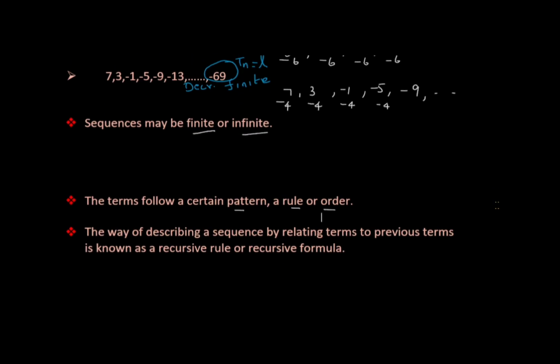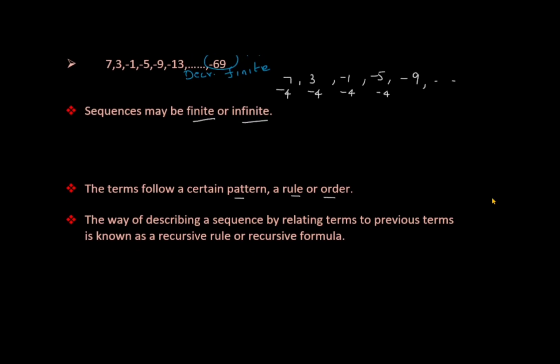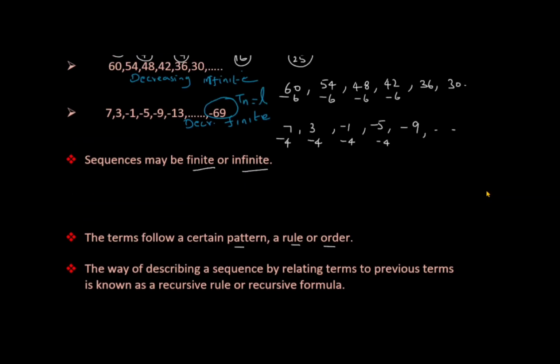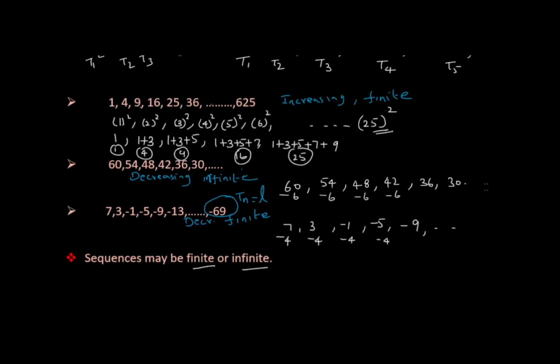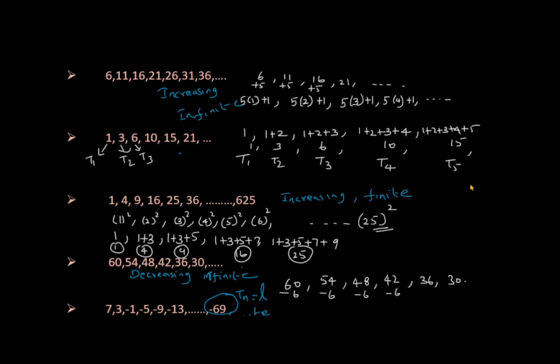Then the way of describing a sequence by relating a term to previous terms is known as recursive rule or recursive formula. So here, from the preceding number subtracting 4, we are getting this one. Like this here, look at this one. Here 5n plus 1.